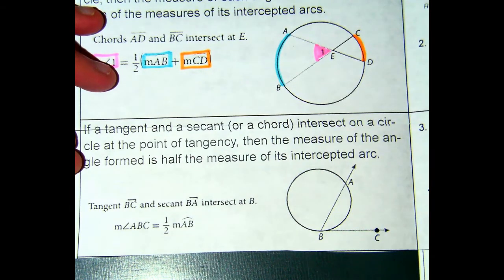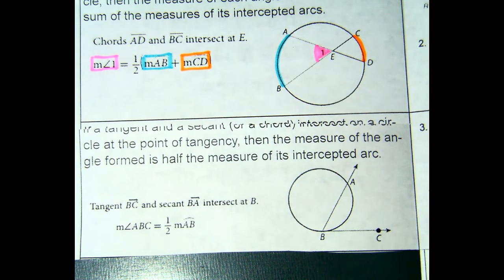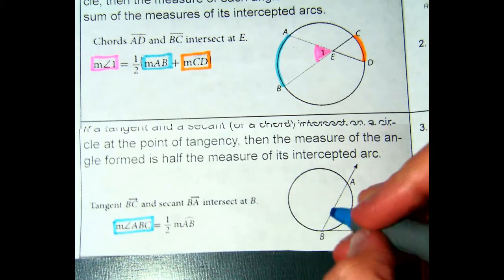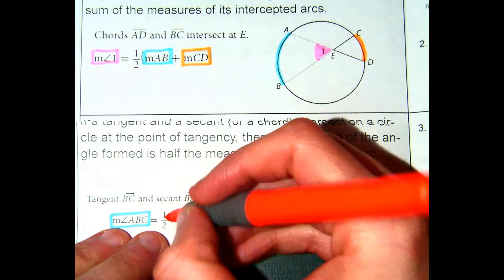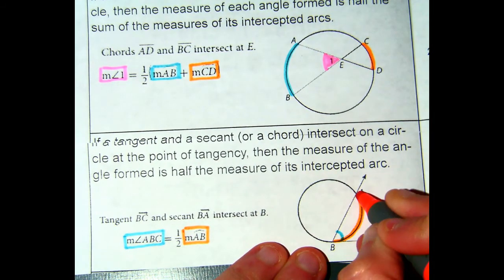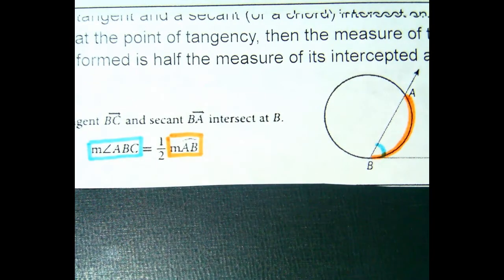If a tangent and a secant, or a chord, intersect on a circle at the point of tangency, then the measure of the angle formed is half the measure of its intercepted arc. Here's that picture. This angle, ABC, is equal to half of the arc that it intercepts. Here's the arc. So this angle is equal to half of the arc.